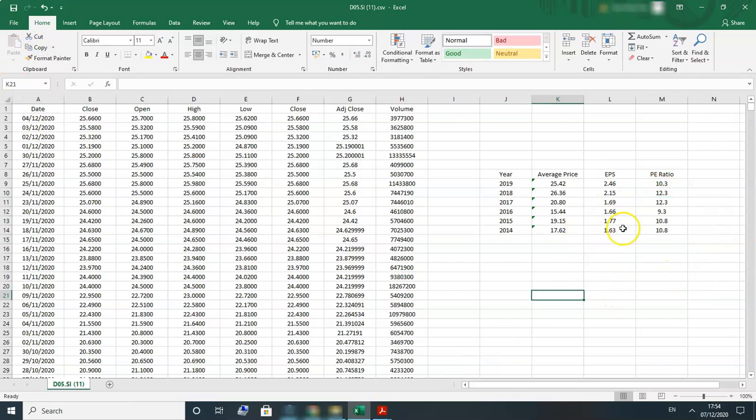So from here, we are able to get the PE ratio for all the other financial years.